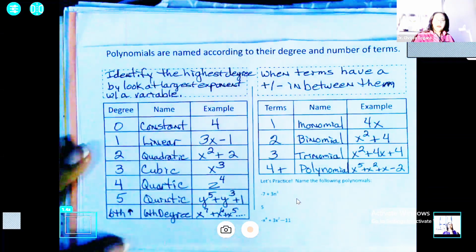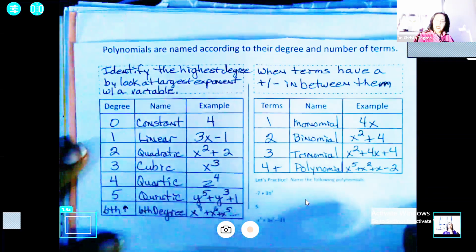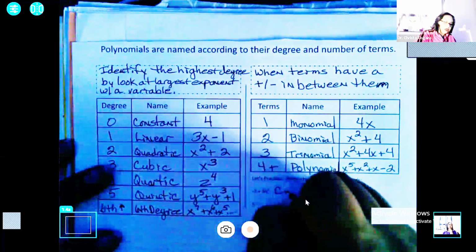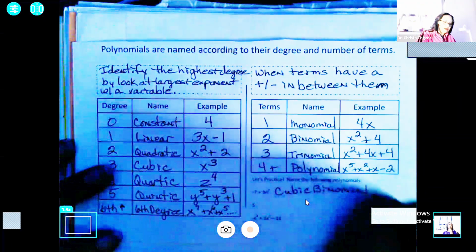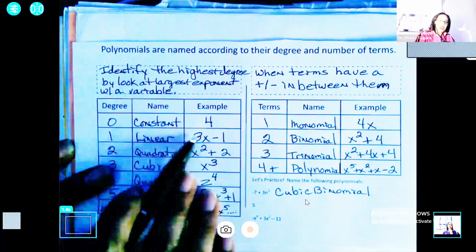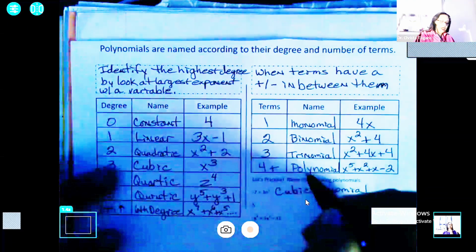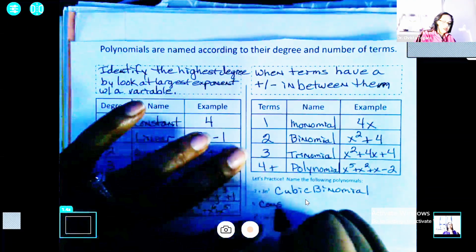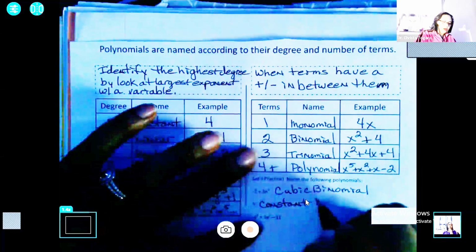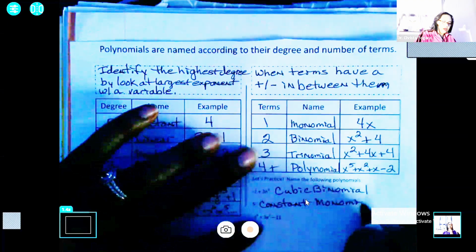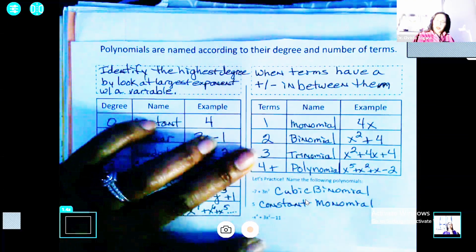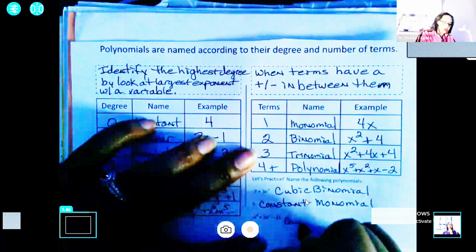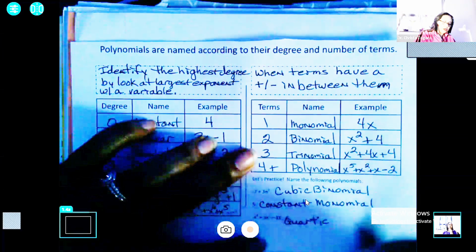So this is -7 plus 3n to the 3rd power. It's not very easy to see, but this would be a cubic binomial. And then 5 would be just like here, this constant. So that would be a constant monomial, right? Because it has 1 term. And then the last one would be a quartic. That's 3 terms, trinomial.